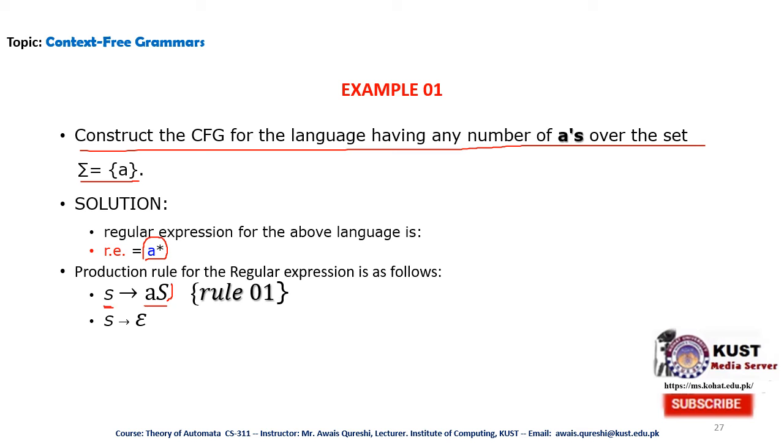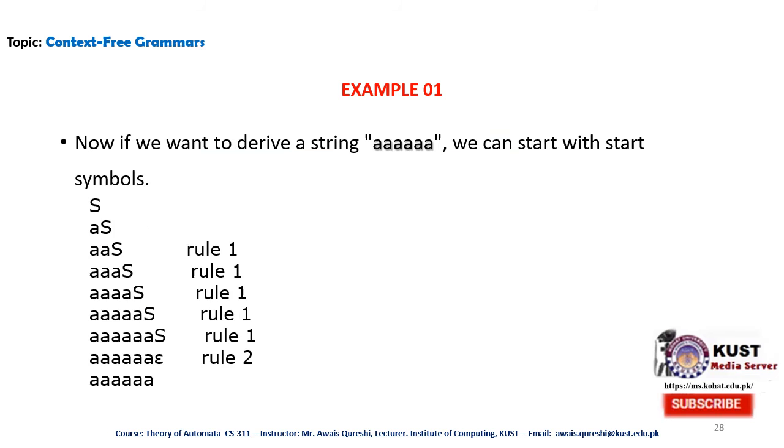So this means that a non-terminal can appear on the right hand side as well, and S also implies epsilon, or the empty string. So these are the production rules for the regular expression. This is rule number one.